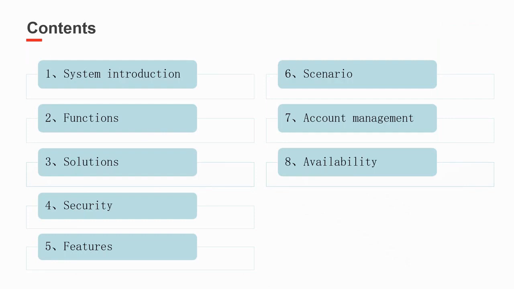I will first show you the FDMS system definition, and then I will show you what functions it provides, and also some solutions, so how it works with the IP phones for maintenance, and also some security issues that we need to focus on.